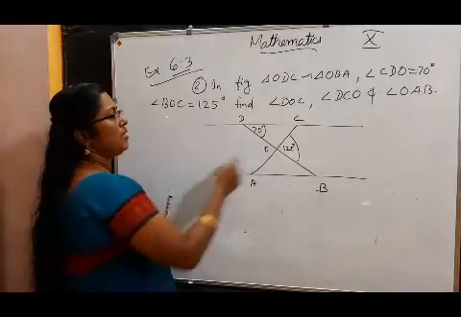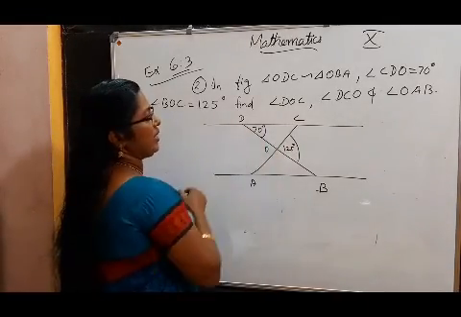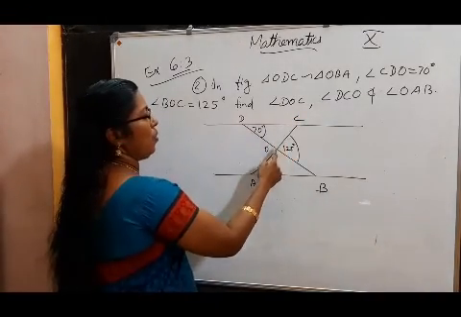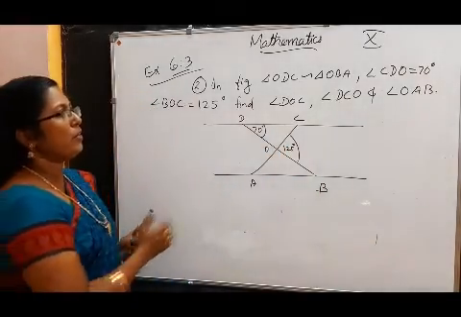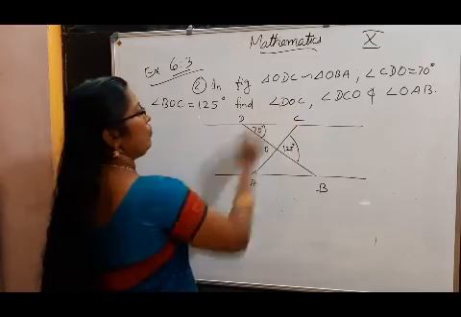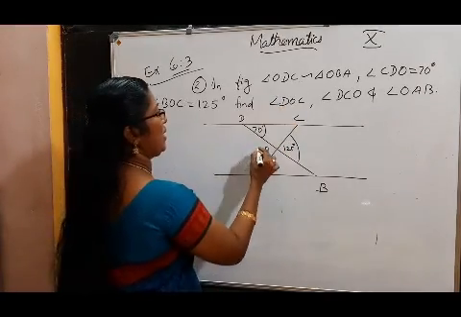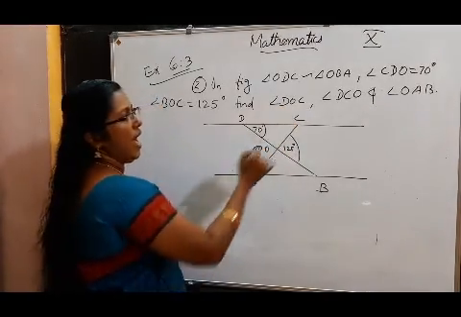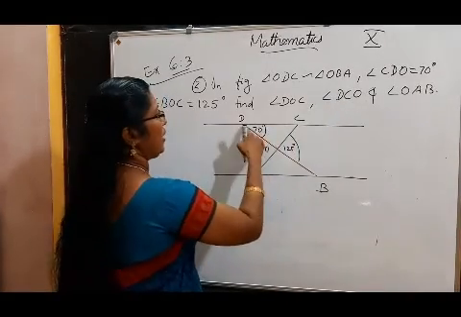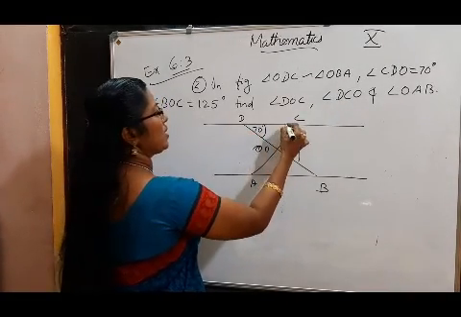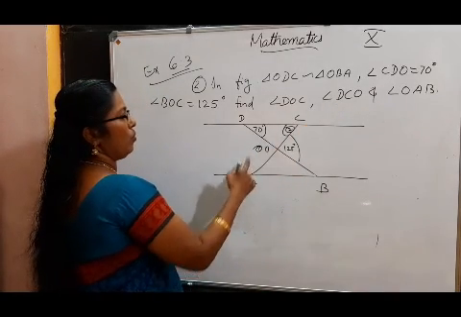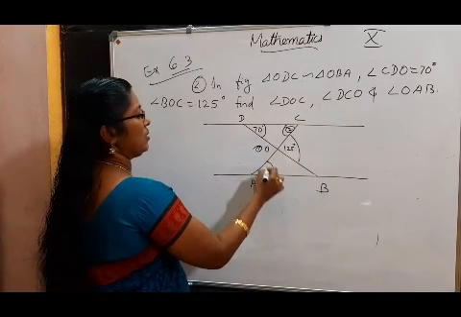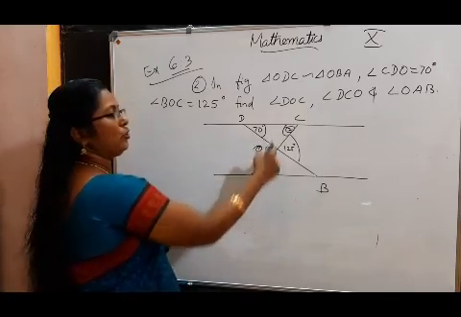Here, CDO is 70 degrees, COB or BOC is 125 degrees, that is given. We want to find DOC, this angle, that is angle 1. Angle DCO, name it 2. Then OAB, this is 3. We want to find 1, 2, 3.